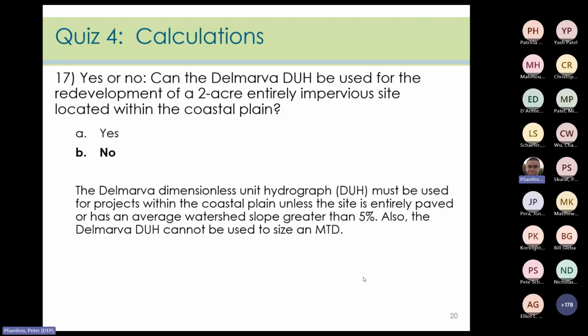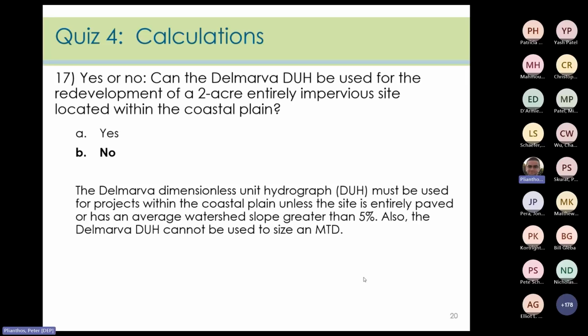Also, for an entirely paved site, the significant surface storage associated with the coastal plain is no longer present, also resulting in underestimated peak flow rates if the Delmarva is used. Additionally, the Delmarva should only be used in areas that have an average watershed slope less than 5%.